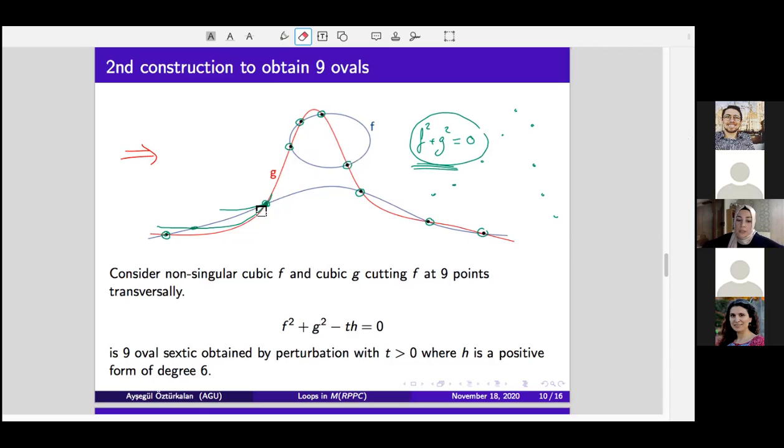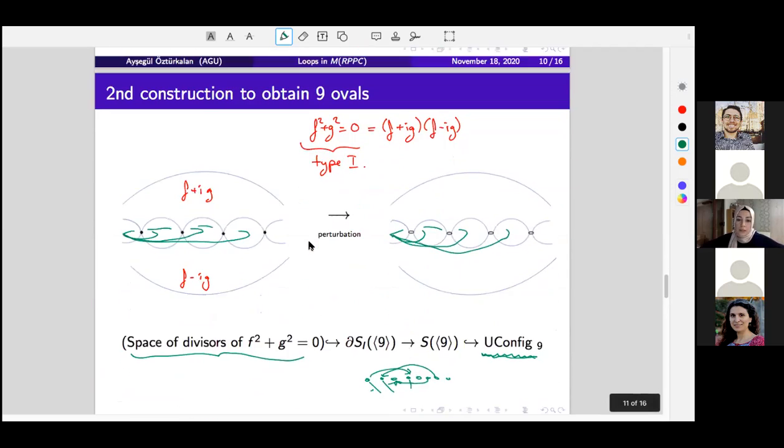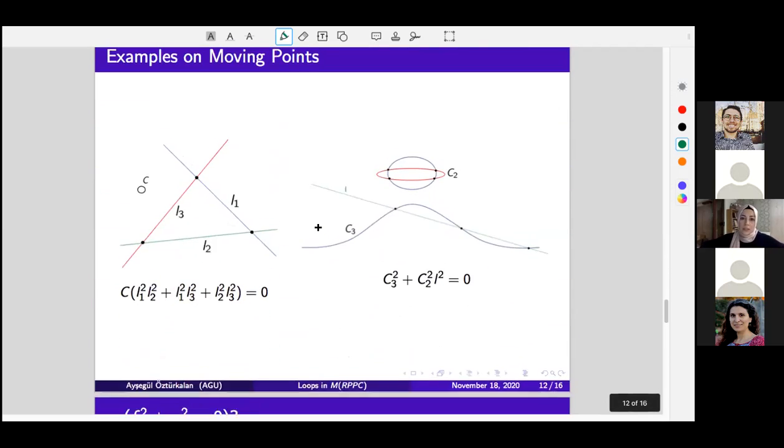So I don't want any tangency. I don't want any other function. I want to keep this f and g as cubic functions, and I want to keep 9 points as intersection. So keeping these 9 points and 2 cubic functions, how can I move these points? How do these points move around? The question is this. You need to understand that.